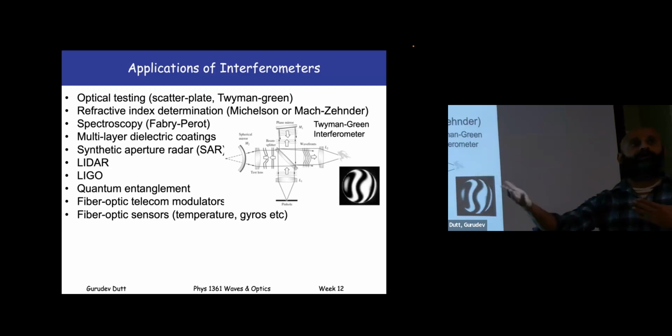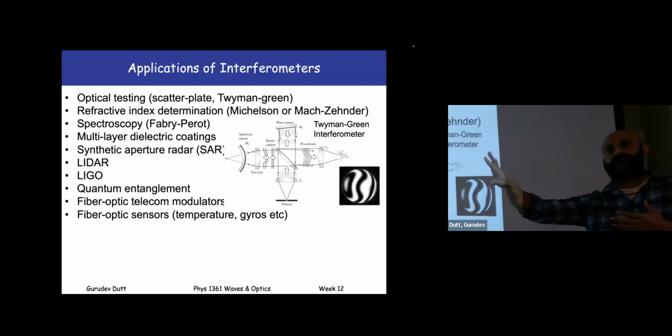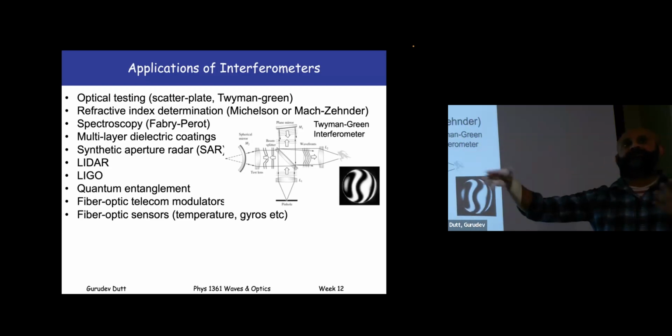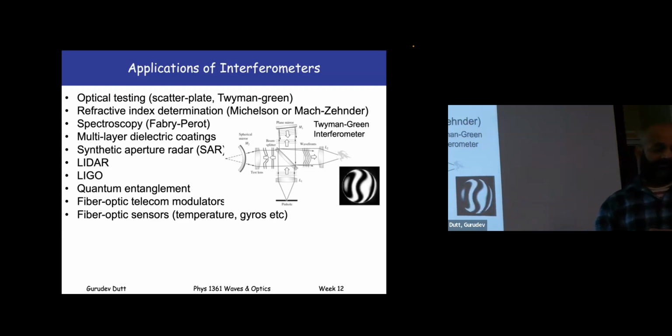For example, in oil and gas pipelines, they have these fiber optic interferometers set up so that they can send a light pulse and measure it. And by telling what's happening at different regions along the fiber optic cable, they can measure something about the temperature, for example, in the pipeline.